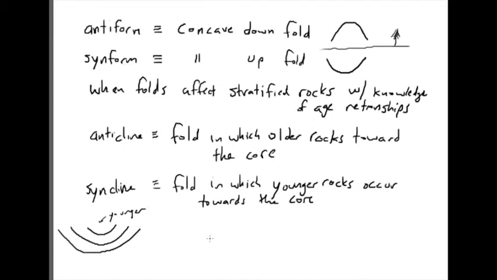And the same with an anticline: if you took these same layers and folded them into a shape like this, the youngest layers are on top. This would be older in the core. So this would be an anticline.